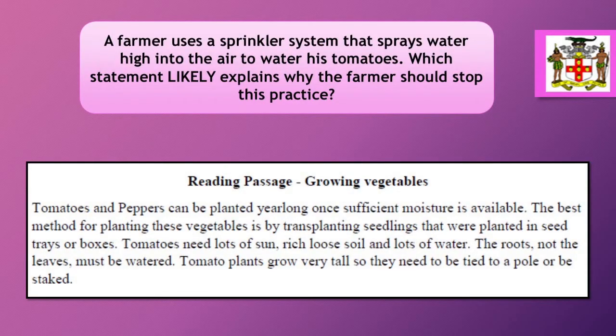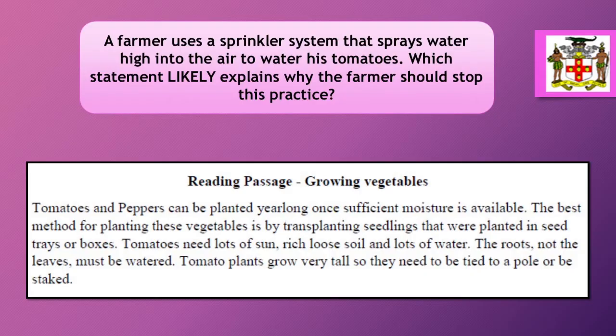So again, we would need to look at our passage to see what information is provided that would help us to answer this question. Look at what is asked. A sprinkler system will spray the water in the air. Now, from the passage, should this be done when you're using tomato plants? What statement would help us to answer this question?